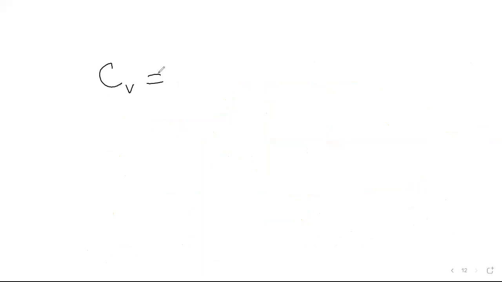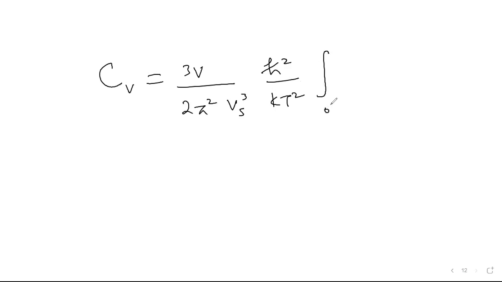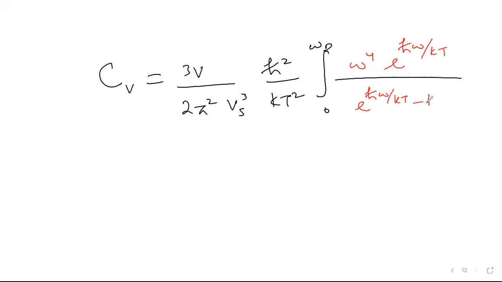CV is equal to 3V by 2 pi square Vs cube, h bar square by kT square, integral 0 to omega D, omega raised power 4, e raised power h bar omega by kT over e raised power h bar omega by kT minus 1 whole square, d omega.